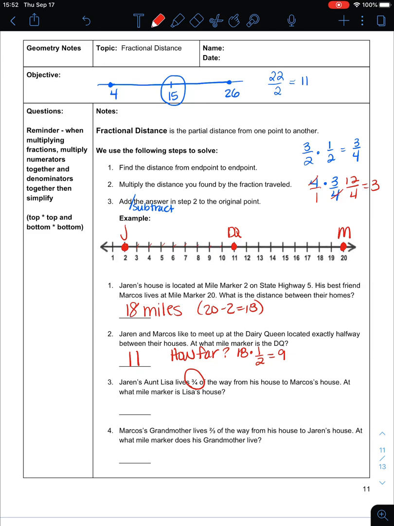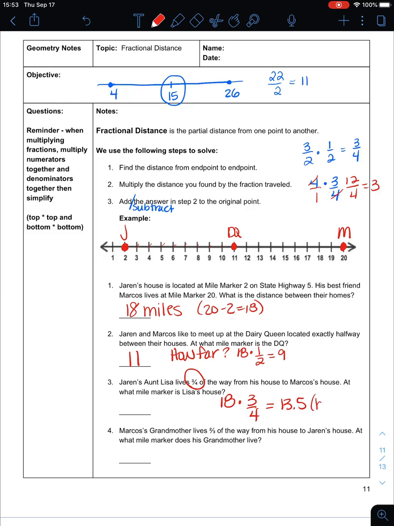So she lives between them, and she lives 3/4 of the way from Jaren's house. At what mile marker is Lisa's house? So it's 3/4 of the distance from Jaren to Marcos. Again, Jaren to Marcos is 18 miles, and she lives 3/4 of the way. So we're going to multiply that by 3/4. So 18 times 3 is 54, and then divide by 4, I get 13.5.